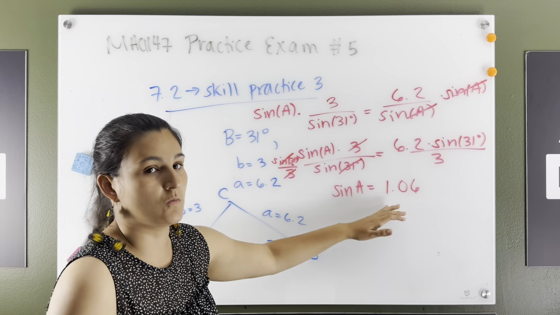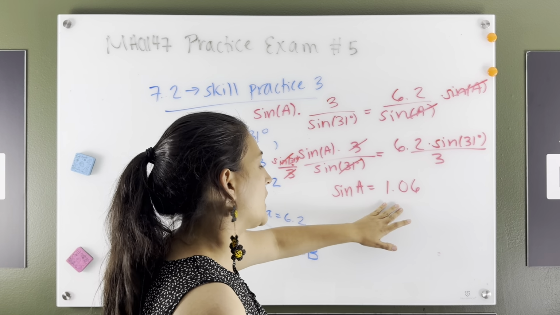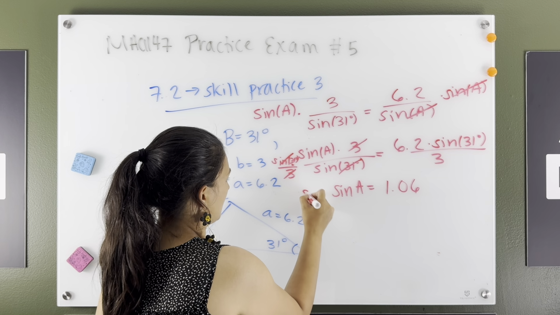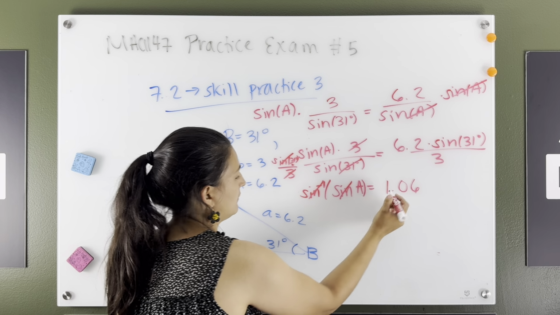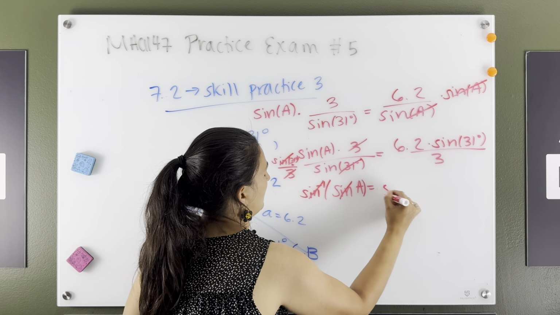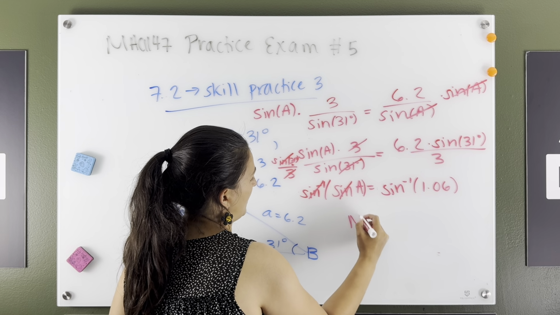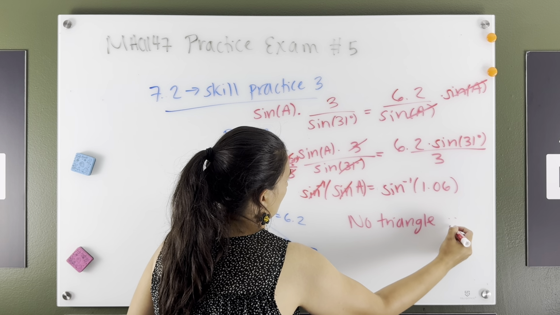And this is past 1. This is 1.06, which means that's not good, right? So this is not possible. So if we get the arc sine of both sides, in order to try to solve for A, you're going to see that it is not possible. So therefore, we are not able to create this triangle.